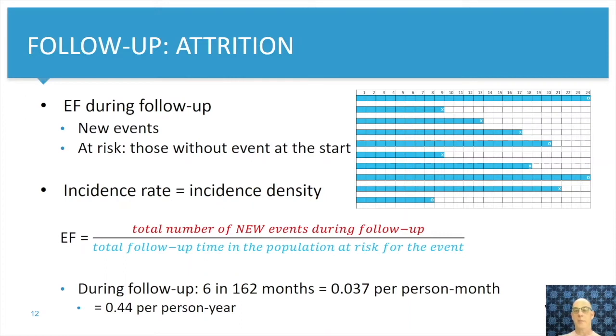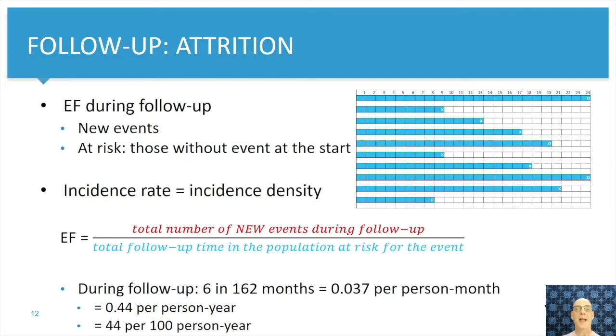In this example, there are still 6 occurrences of the event during follow-up, but they are accrued during 162 months of person follow-up, which makes it 0.037 events per person month, or we can translate that into 0.44 per person year, or 44 per 100 person years.